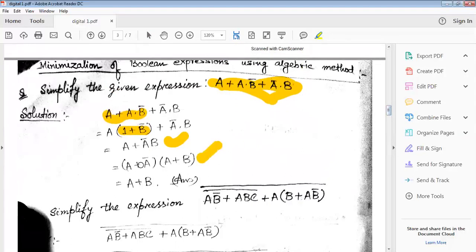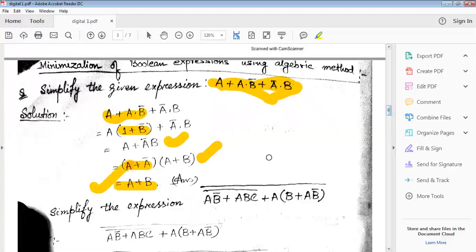What is A plus A bar? A plus A bar will always be 1 from the theorems. So this will become 1. So 1 into A plus B will give me the answer A plus B. So this expression A plus A dot B bar plus A bar dot B has become the shortest term, that is A plus B.